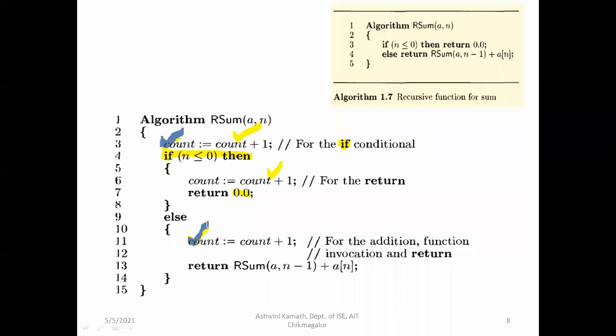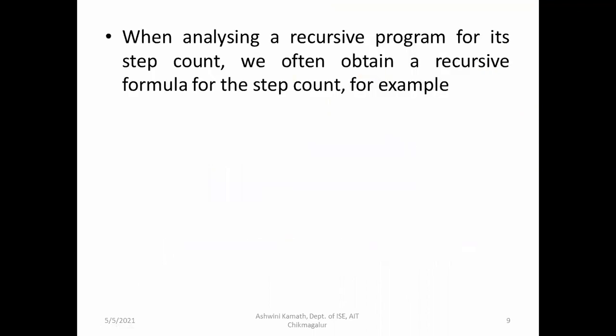That is, if the condition is true, then the count outside the if statement and the count inside the if statement. If the condition is false, then the count outside the if statement and the count inside the else part. So 2 counts will be executed every time. The remaining count will be for the recursive call.